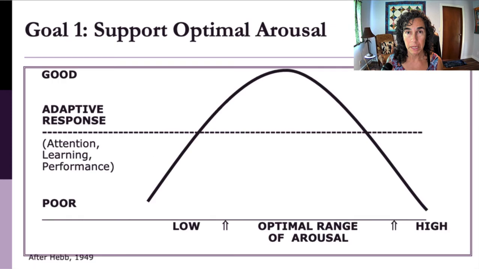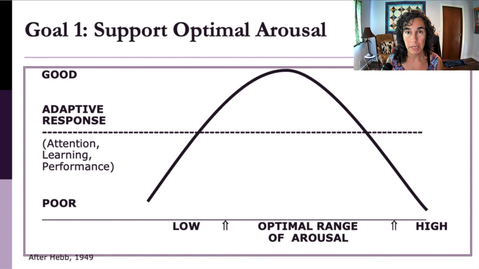So we have 2 goals in working on sensory processing and integration. One is to support optimal arousal, and you'll see here in this visual display that we want to be around that dotted line, right? If we're too high, we can't engage in adaptive responses. And if we're too low, we can't engage in adaptive responses. So we want to be in that top bracket, right?